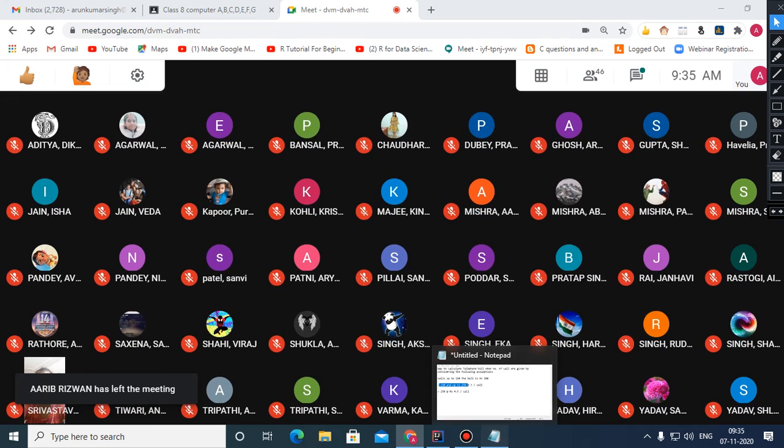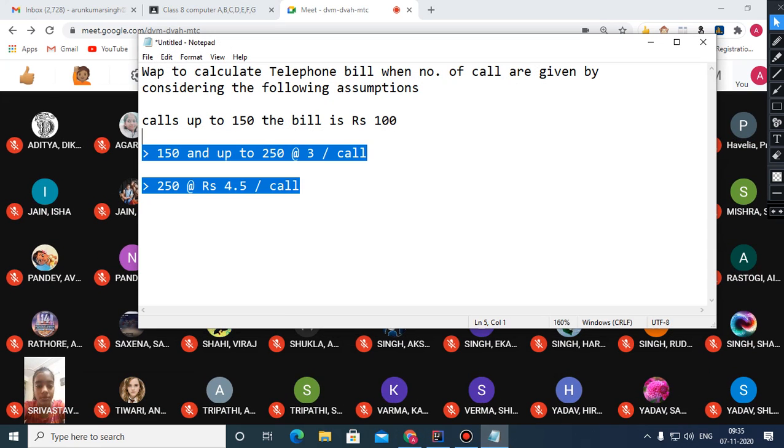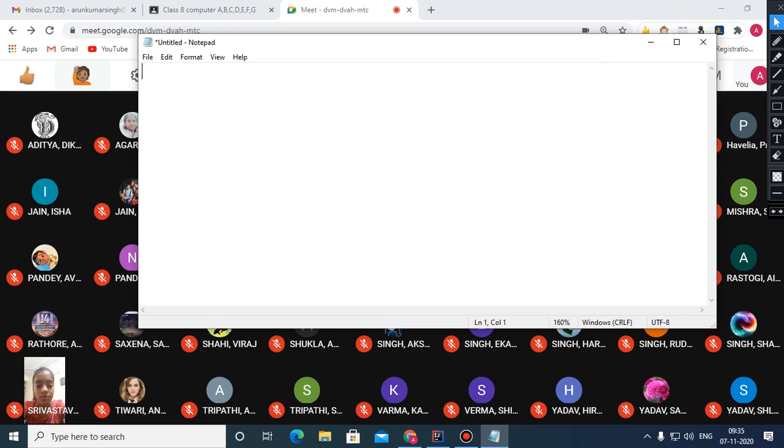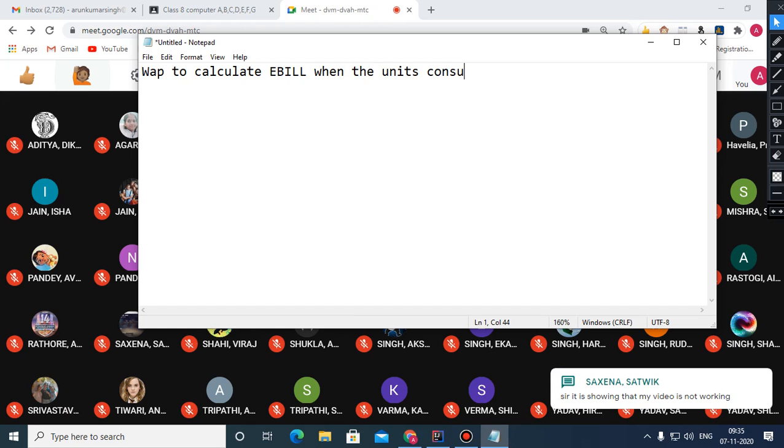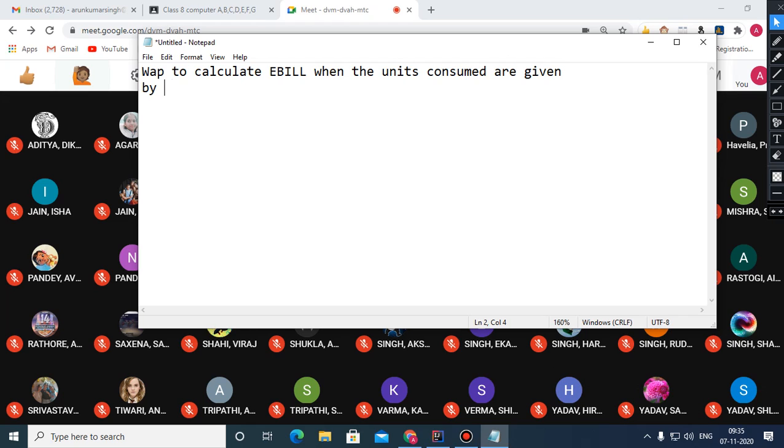This assignment you have to submit today by 9 p.m. Write a program to calculate e-bill when the units consumed are given by considering the following slab. Sorry, I'm just sharing my screen, don't worry.